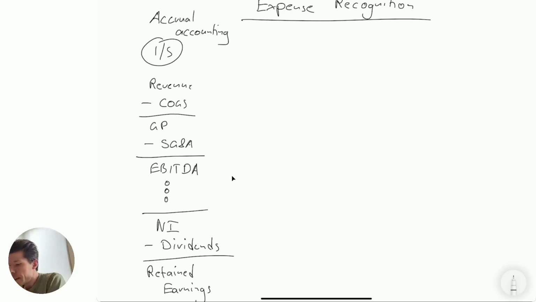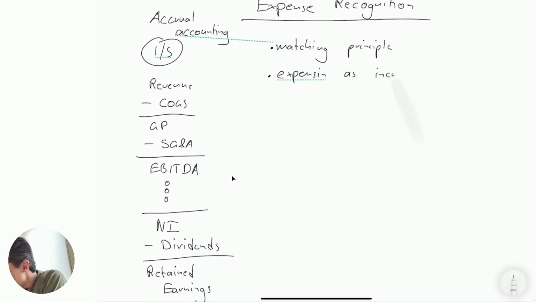The first one is called matching principle. The other one is expensing as incurred.